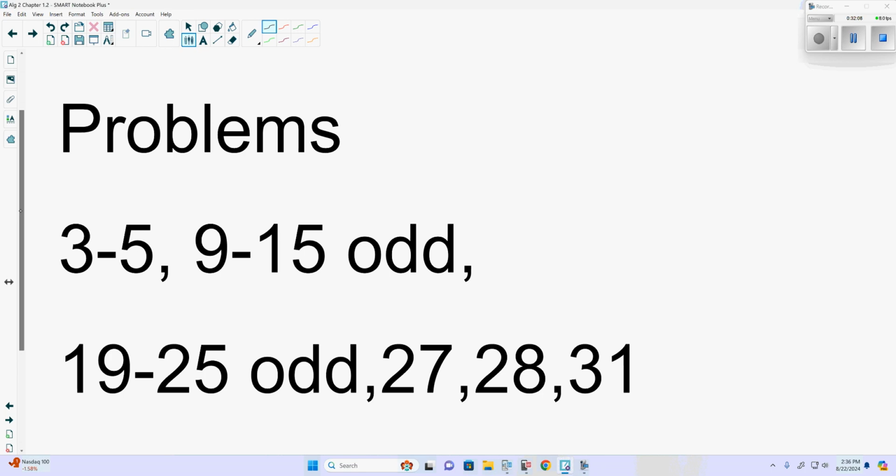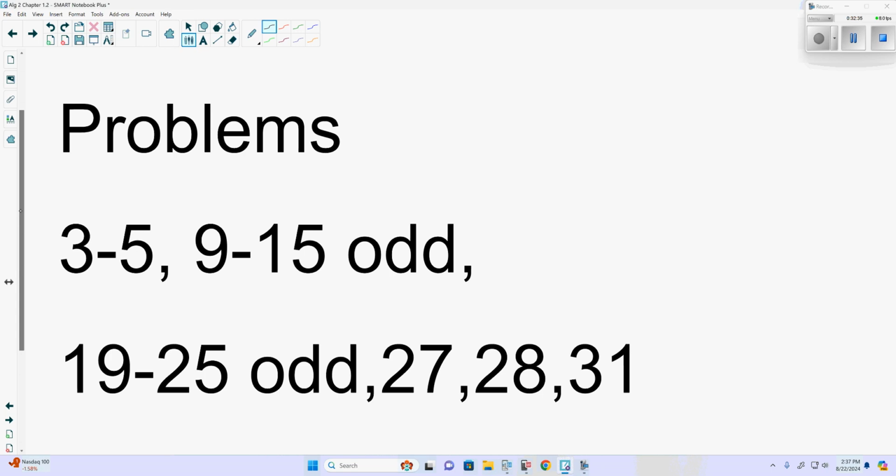So 3 through 5 is just give the parent name and then its transformation. So it's 3, 4, and 5 for that one. 9 through 15, just describe the transformation. As it says graph, but not having a graph, just describe the transformation. 19 through 25 odd, describe the transformation. 27, 28, 31, describe the transformation.